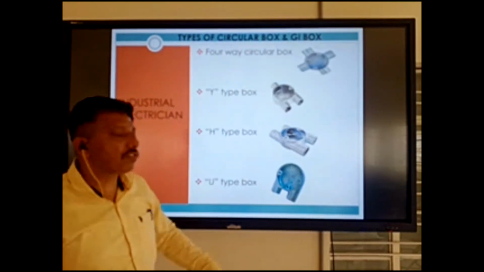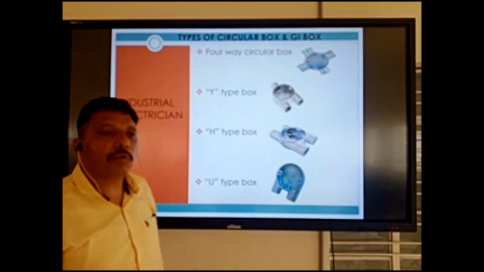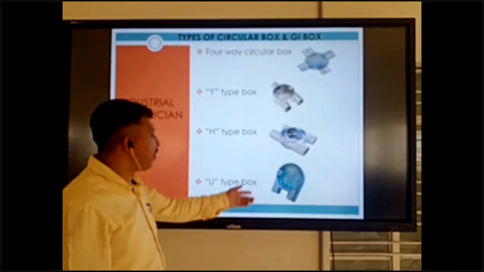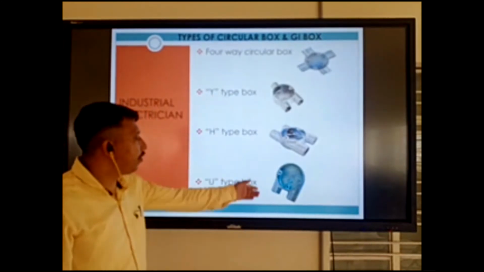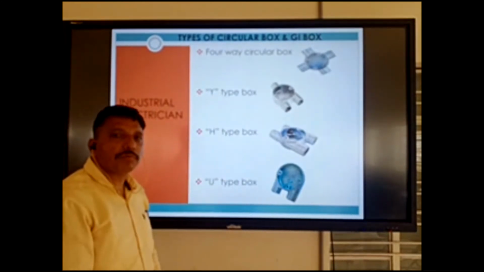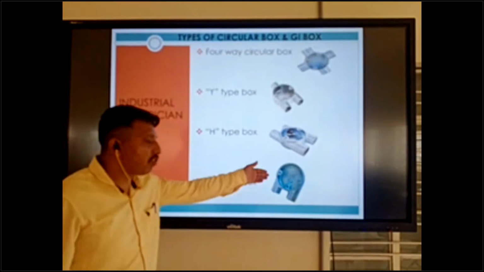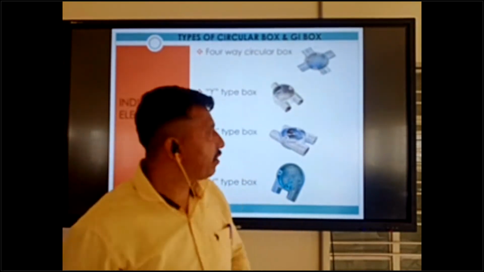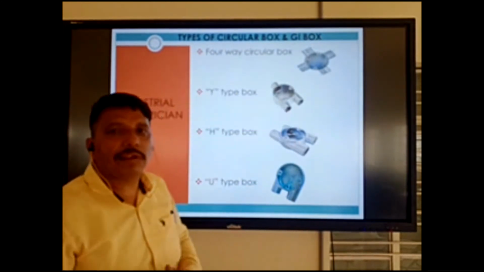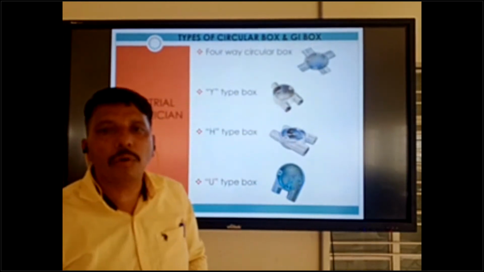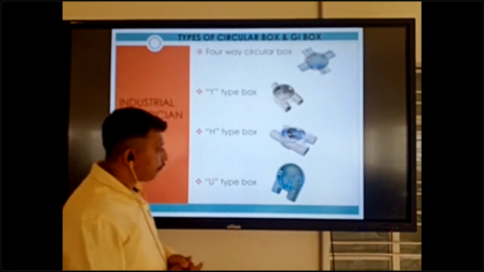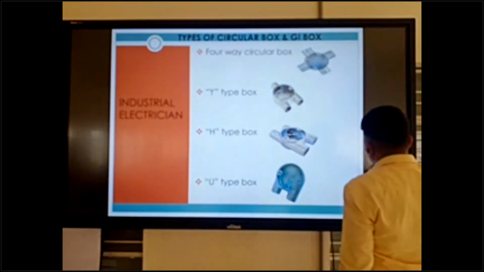This type of box is also used as per your work condition. We can use the U type also. This is also available in PVC and GI, and 20 and 25 mm. All boxes are available as per your size, whatever your requirement is. Okay. Next one.